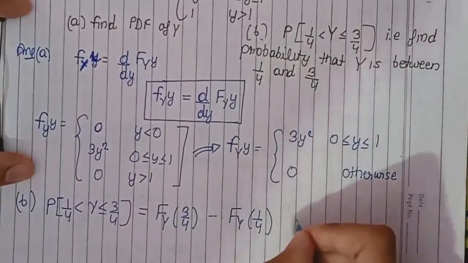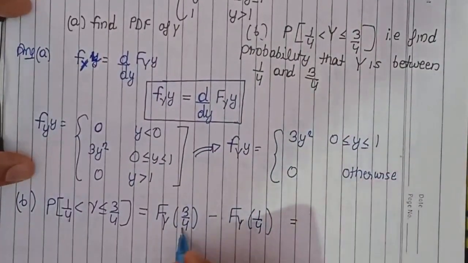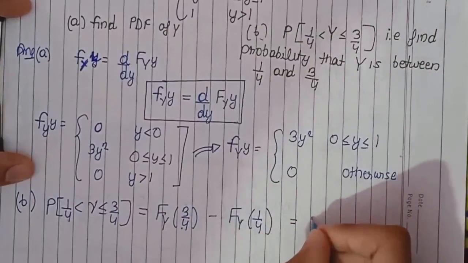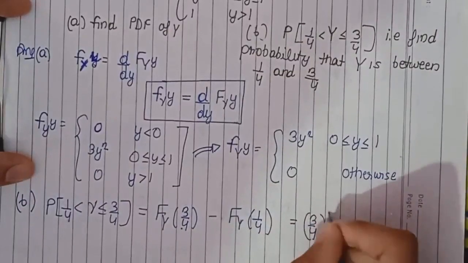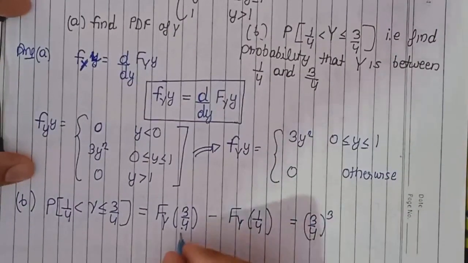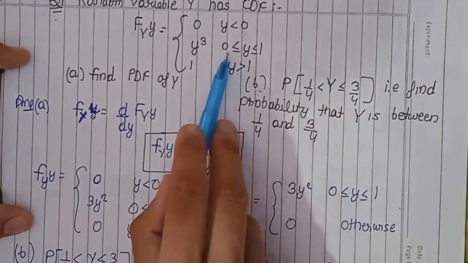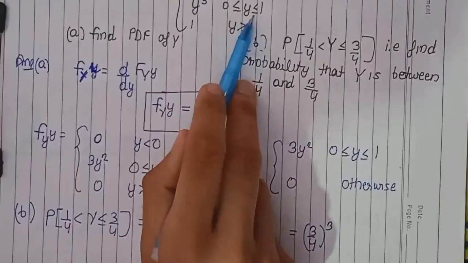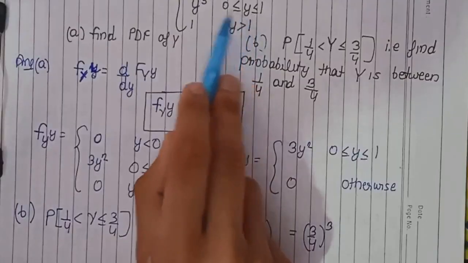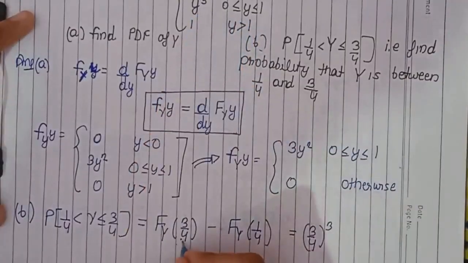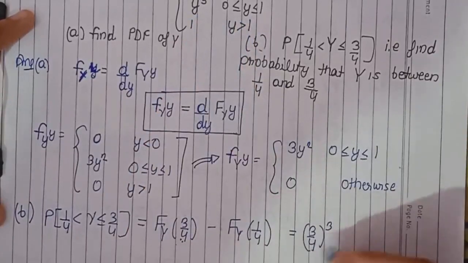So if I calculate this, then the CDF value at 3 by 4 is 3 by 4 cube. Now why is it 3 by 4 cube? The reason is that 3 by 4 lies in the range 0 to 1 and the CDF value for this range is y cube, and here the value of y is 3 by 4, so it is 3 by 4 cube.